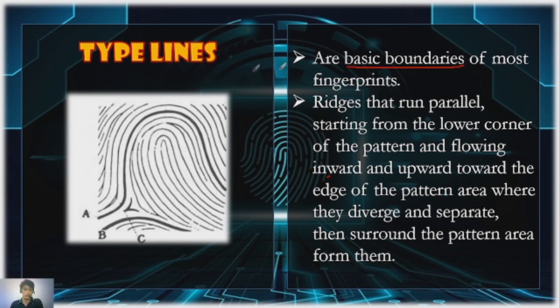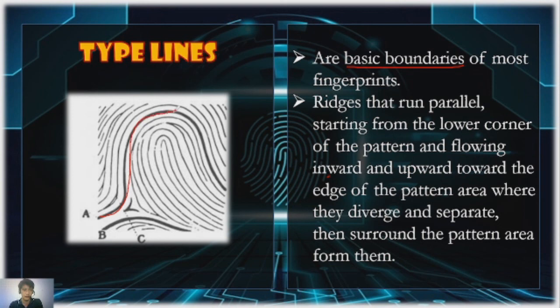When we were able to determine the type lines, we were able also to find out the pattern area of the fingerprint pattern. As described, we can start from the diverging ridges, usually from the lower corner of the area, going inward and upward.